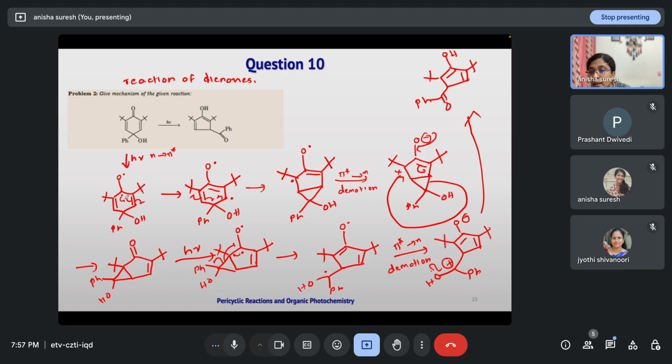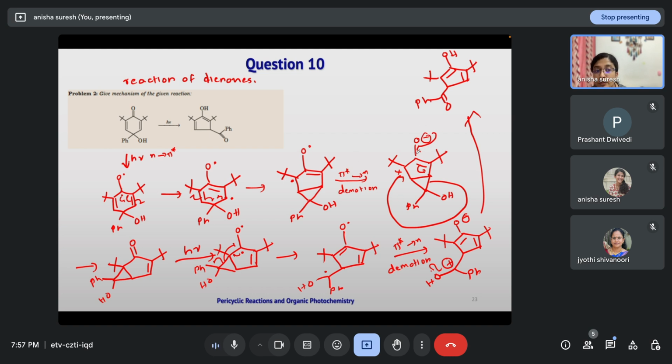Then it will react with this alkene, leading to formation of this enol radical. Then this radical will react with this alkene, leading to formation of the cyclopropane intermediate. Then here a demotion, pi star to n demotion can take place, leading to formation of the zwitterionic intermediate.